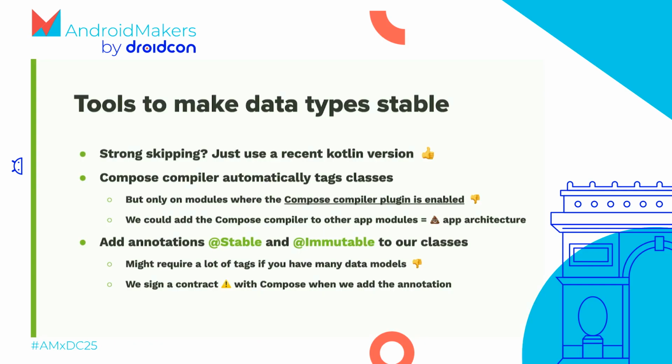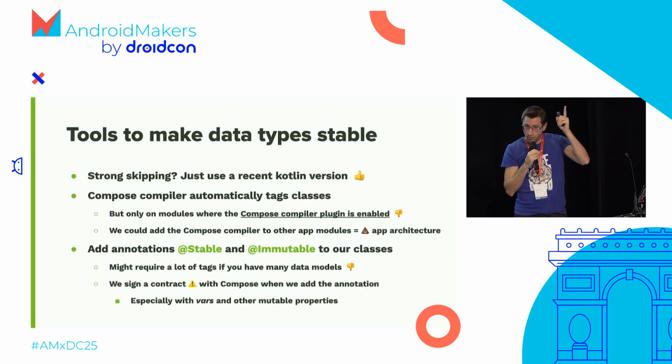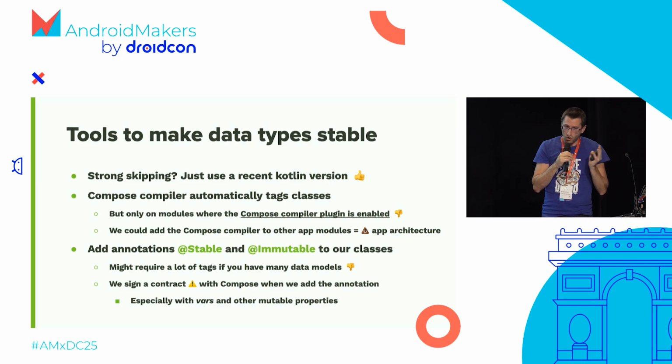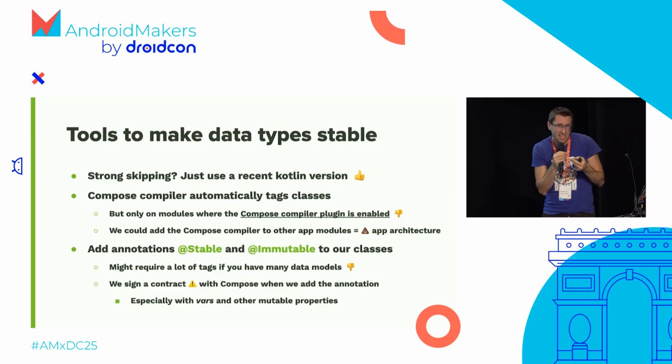And actually, when you're adding your annotation to your class, you are literally signing a contract with Compose saying that this is stable or immutable. And especially in the case, that's not the case that we saw in our code before, but think of this in your projects. If you slap any of these annotations on something that has a var or mutable properties or mutable collections or whatever that you're going to mutate, you're entering into a contract with Compose.